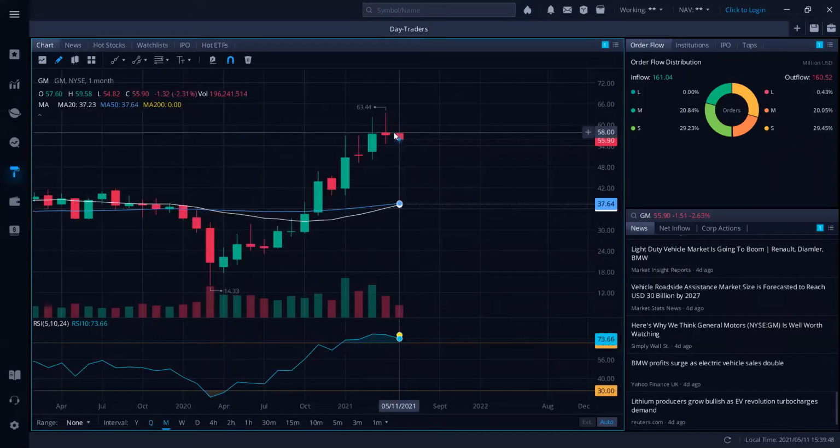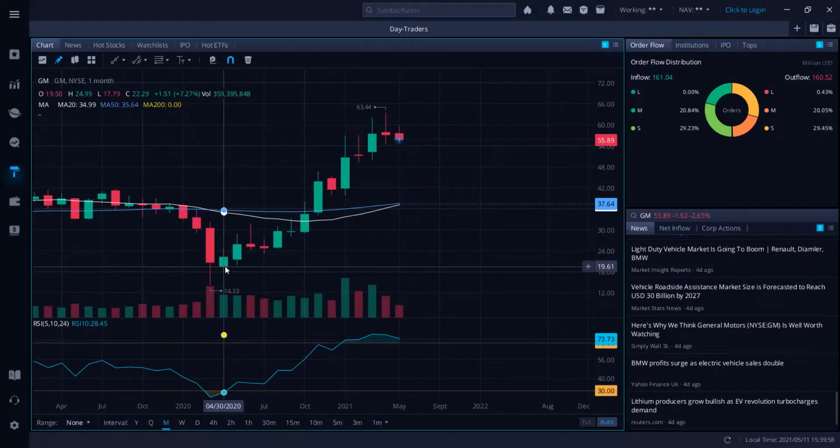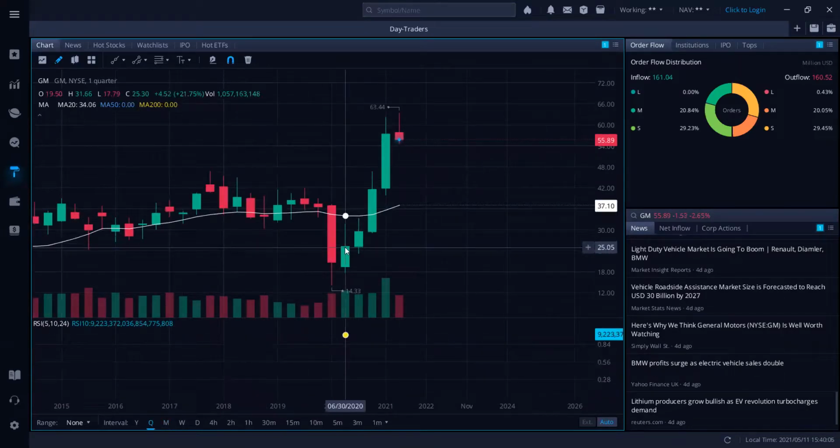We've got a key trend being set here to the upside, and so when we're month to month, each one of these candles is a month. See, April, May, June, July. From quarter to quarter, every candle is a 3-month. September, December.